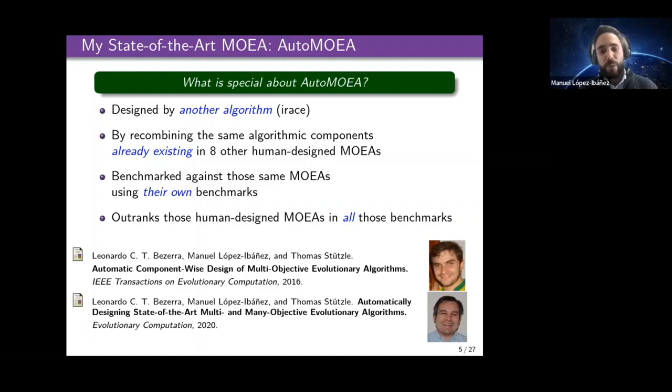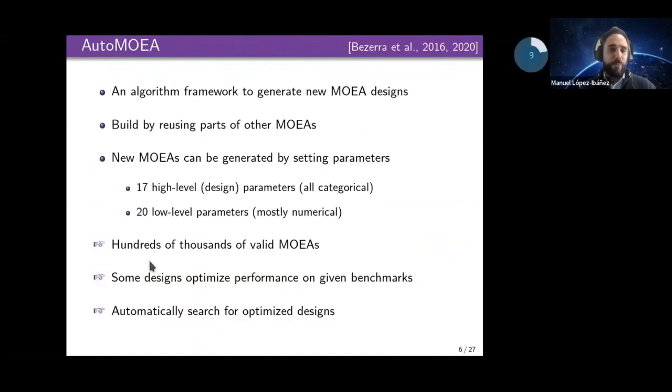This is joint work with Leonardo Becerra and Thomas Stützle, explained in these two publications. So what is actually AutoMOEA? It's not an algorithm itself, it's more a framework for generating new MOEAs. It's built by taking parts from other MOEAs and allowing these parts to be recombined in ways that were never tried before.